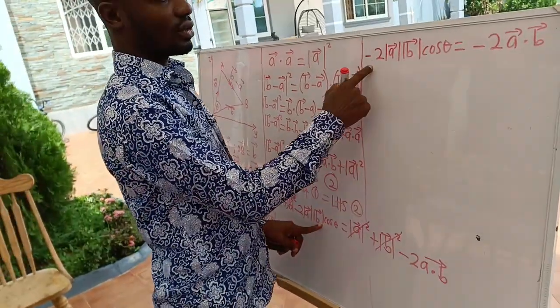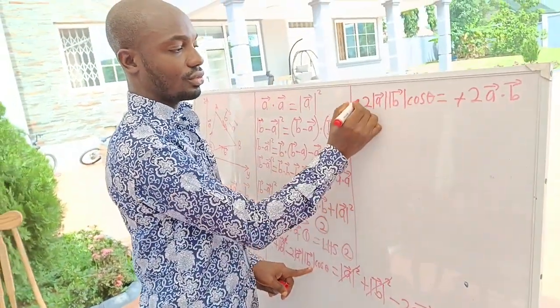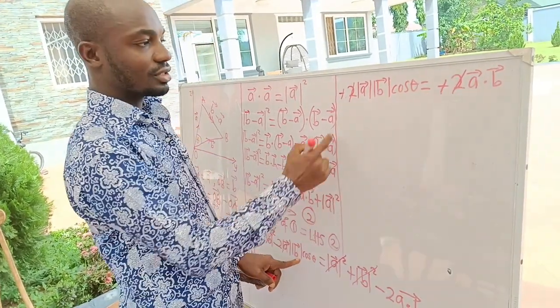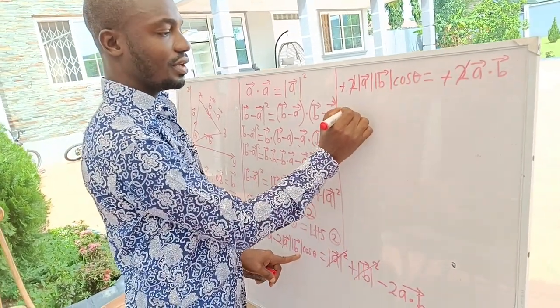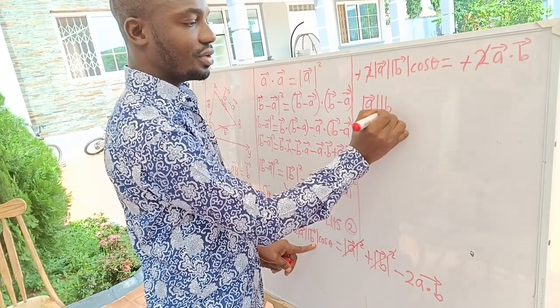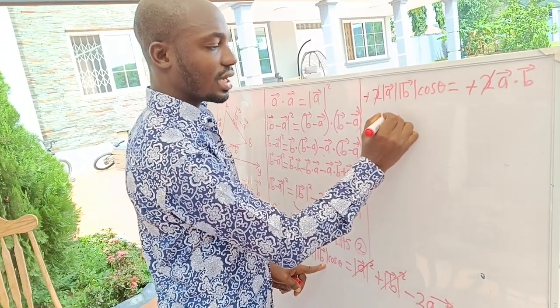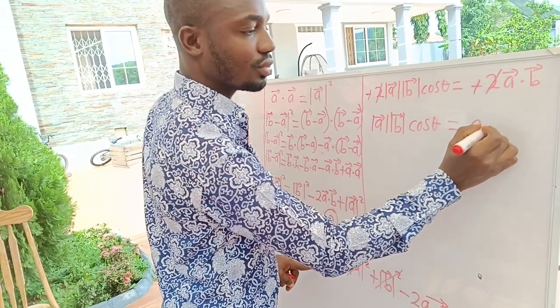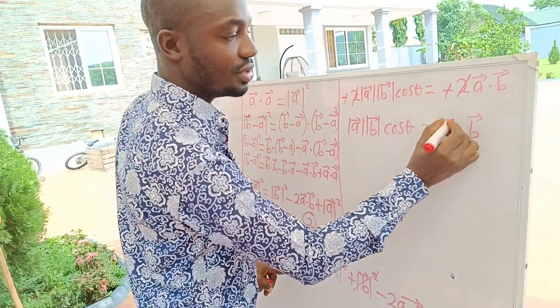And so at this point, of course, the negatives have cancelled out, and the 2's too have cancelled out. And so we have the magnitude of a times the magnitude of b times the cos of the angle between them is equal to the dot product of a with b.